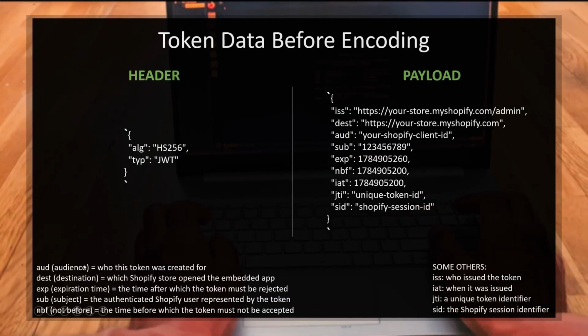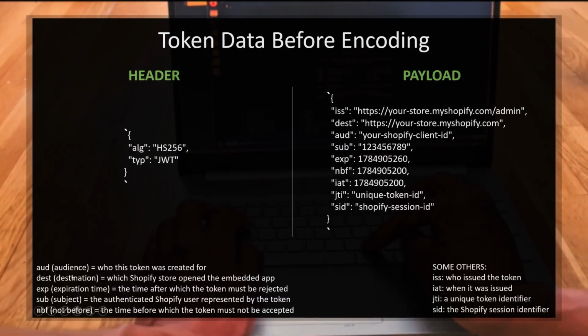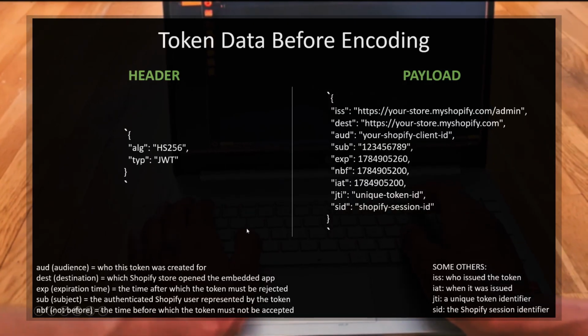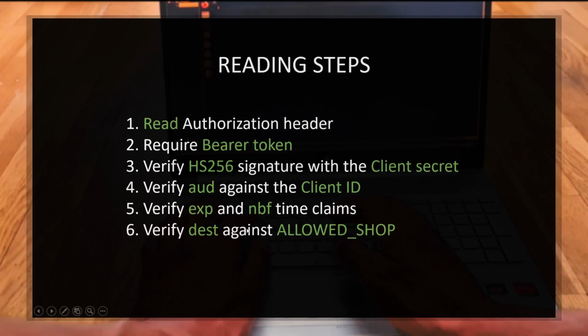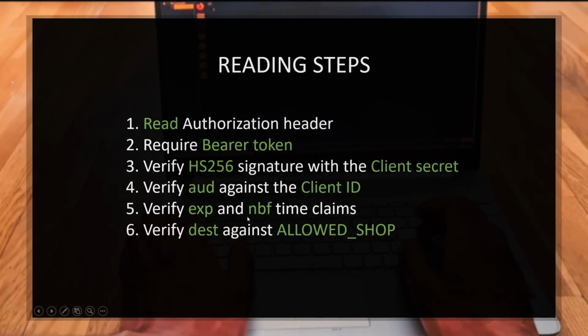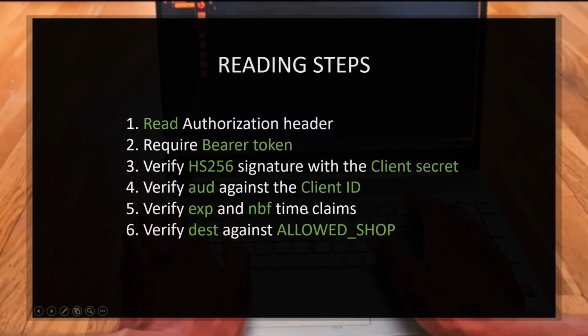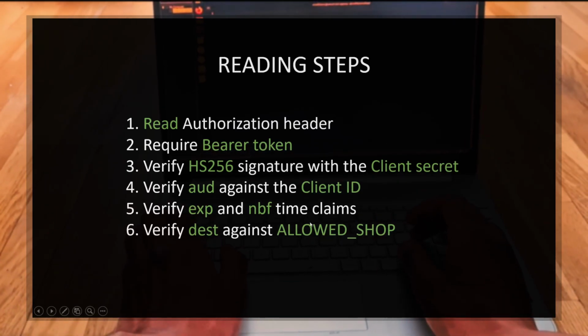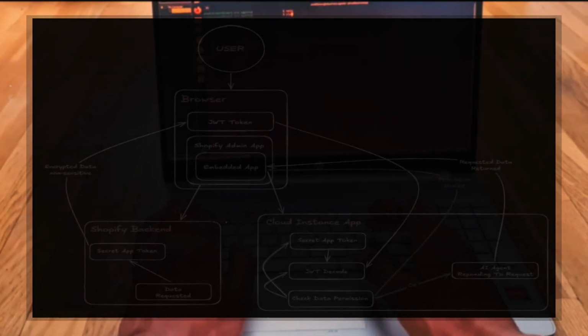Here, the audience, who this token was created for, destination, which shop, and so on. Expiration, not-before time claims, and the destination against allowed shops, an environment variable that we are using as well.